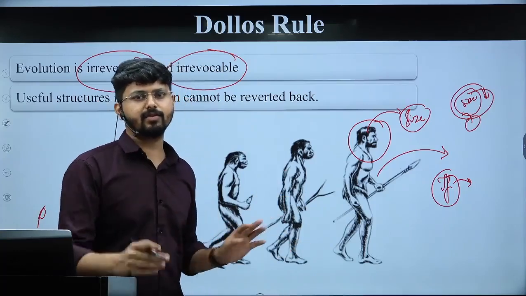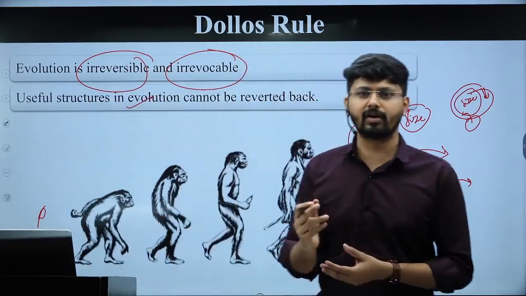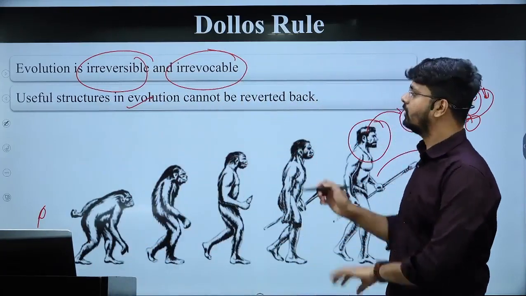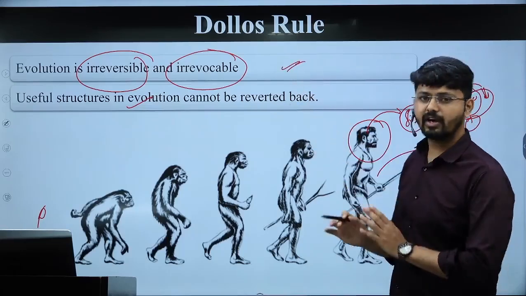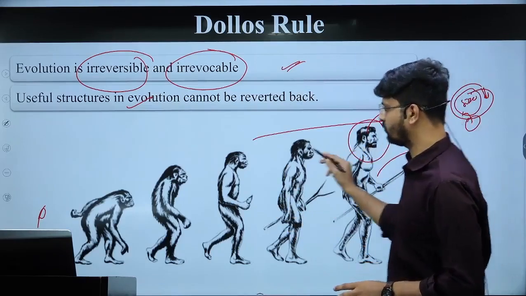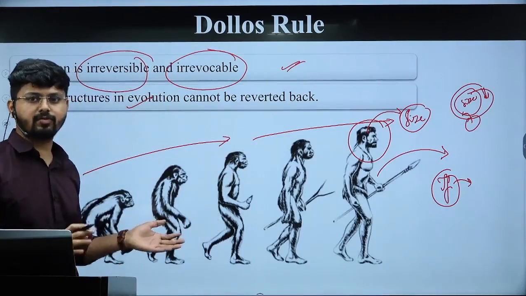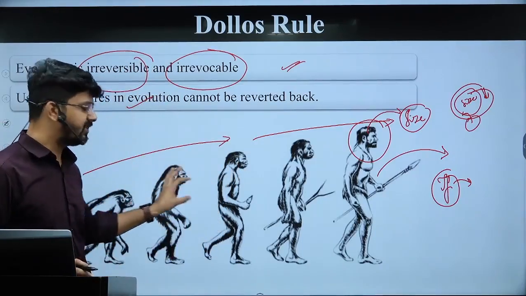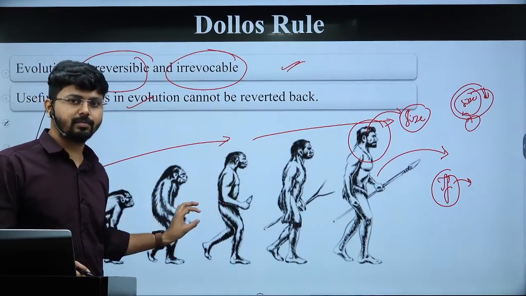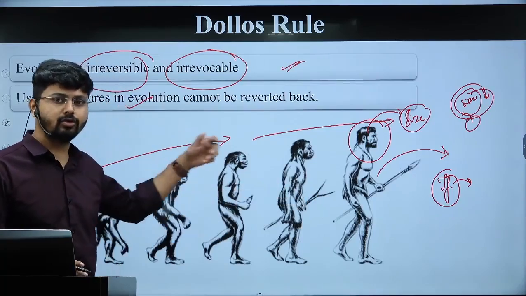Another species which has a necessity can develop the tail, but man cannot. According to him it is irreversible and irrevocable, but within a single species, not across species. The features that are lost or developed, you can't go back and get those features.